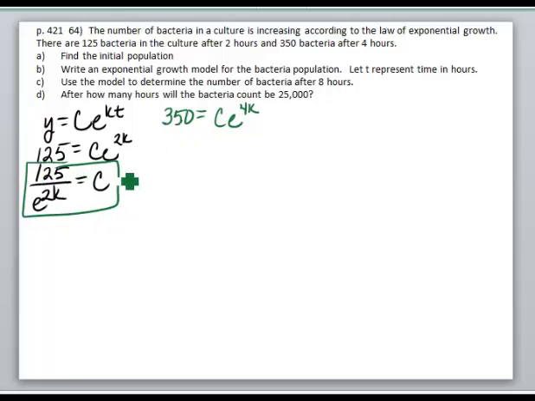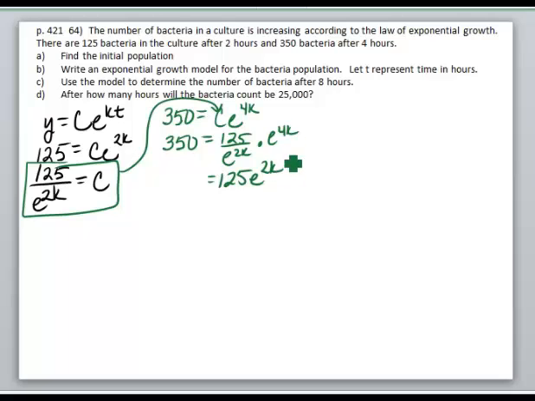That allows me to put that value in for C. So I have 350 equals 125 over e to the 2k times e to the 4k. Well, that will simplify to be 125 e to the 2k, because I would subtract those exponents using the law of exponents. Then what I'll do is divide by 125. 350 divided by 125 reduces to be 14/5.